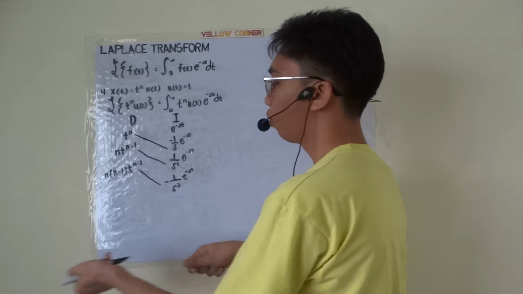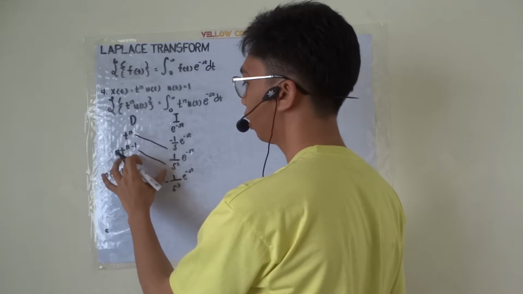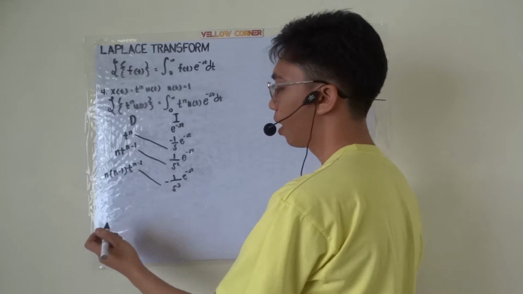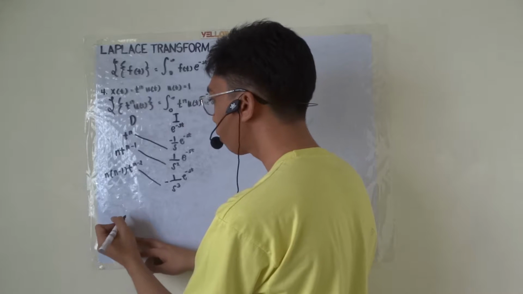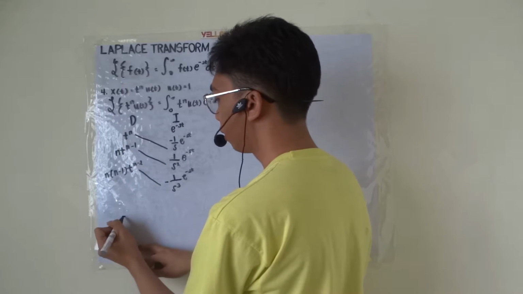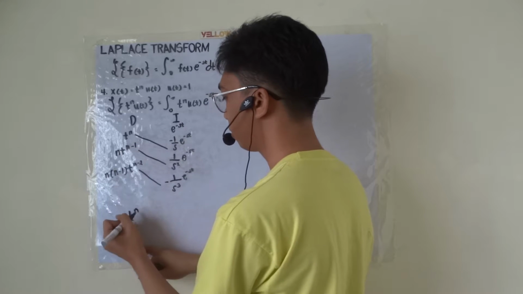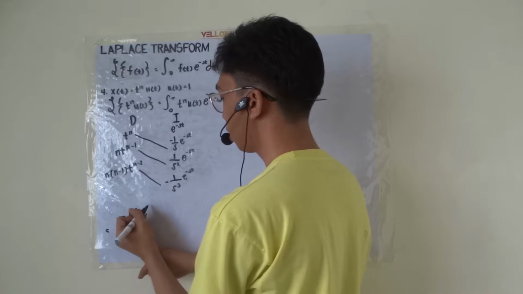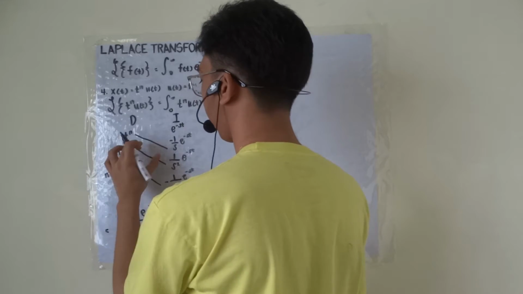And now we will multiply it. By this method we multiply each term, and simplifying this term we have negative t raised to n times e raised to negative st over s.